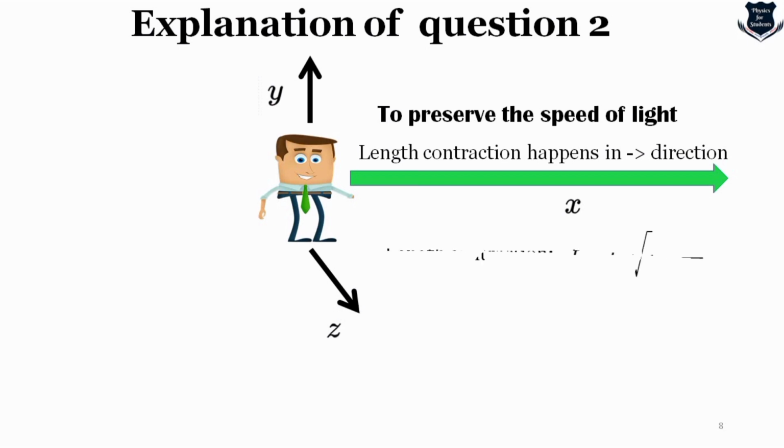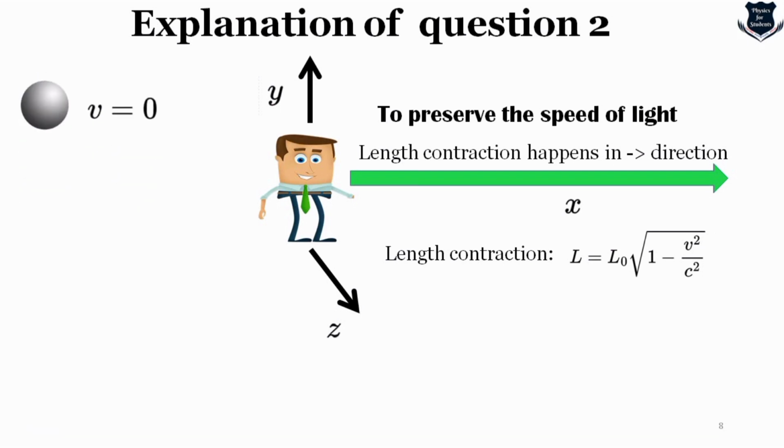So we can say that a body will always contract in the direction of motion, and the length contraction is given by this formula. A square sheet will contract in either direction by a factor of this. A sheet moving in both directions will experience contraction in both dimensions. So length contraction is motivated by the need to keep the speed of light the same.